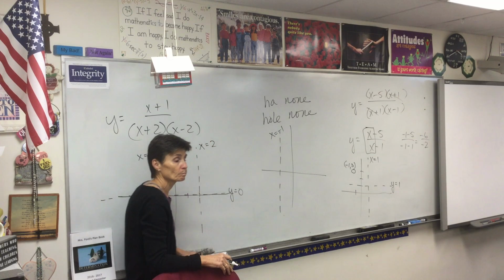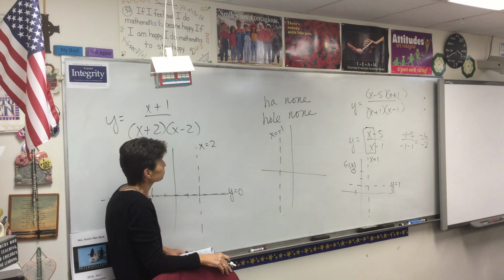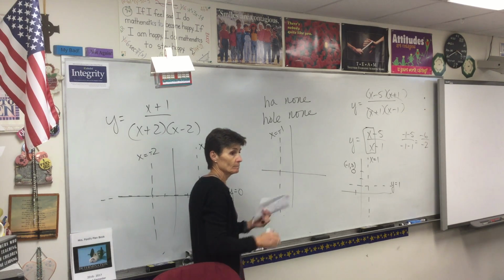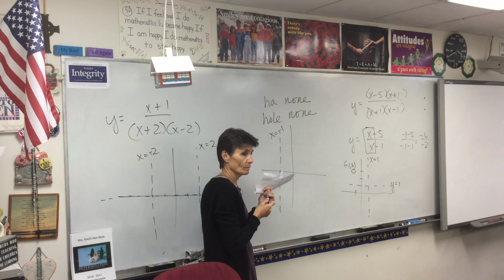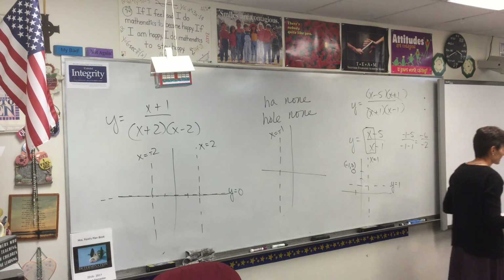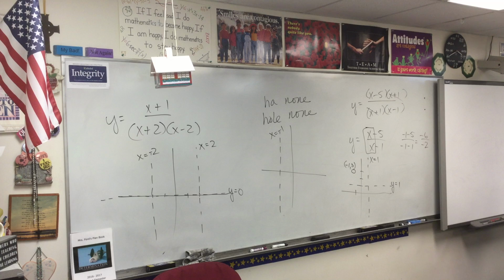If there was no horizontal asymptote, would you want us to write that out or just leave it? Well, you're gonna be filling in the blanks, so you'll write none in those blanks. You don't have to graph those, you're just gonna fill in blanks like on the test. Okay?